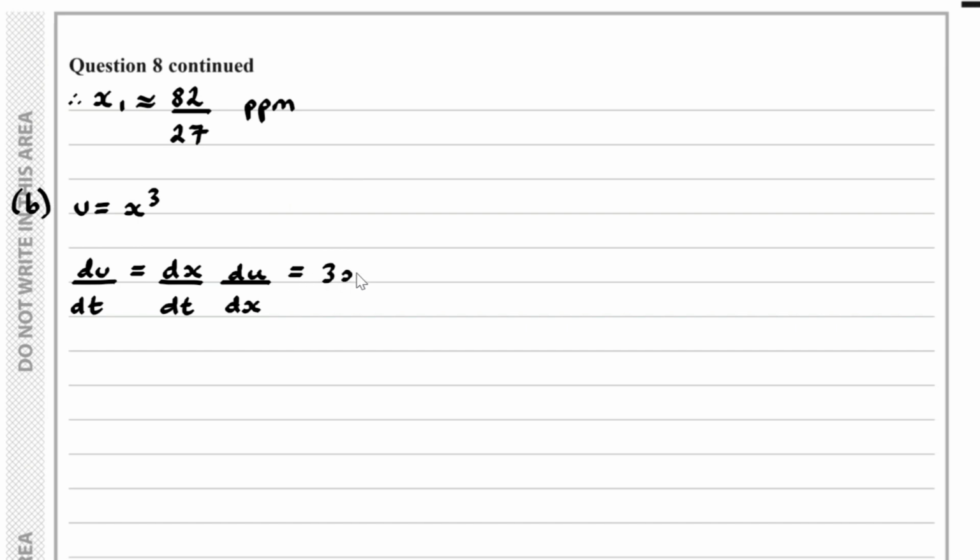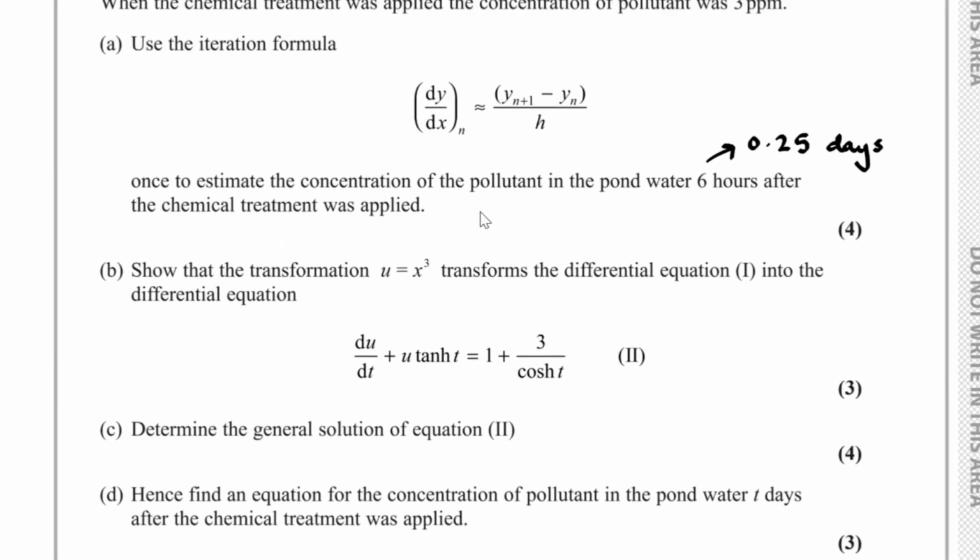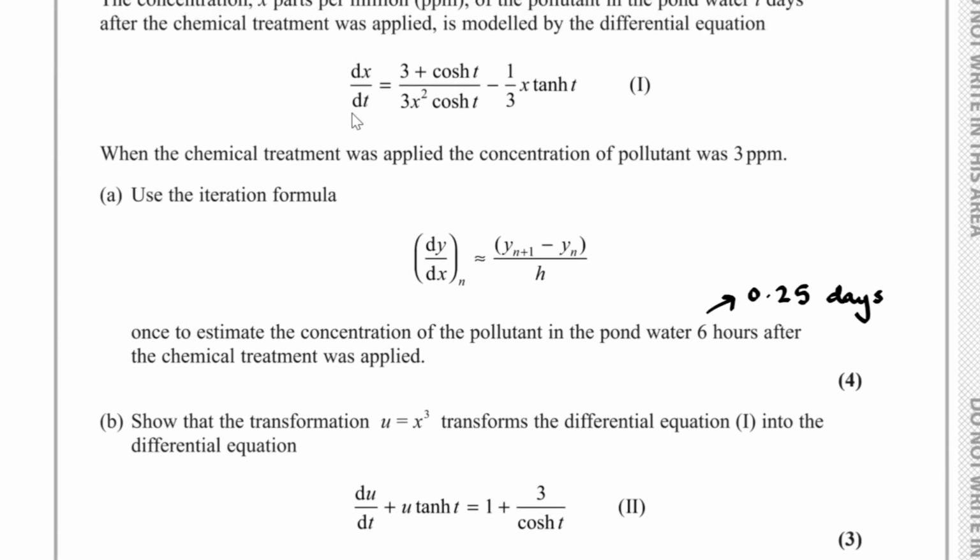So we've got 3x squared dx over dt. All I've done over here is differentiated u with respect to x to get 3x squared and then multiplied by dx over dt. Now, if we go back to the question, we already know what dx over dt is.